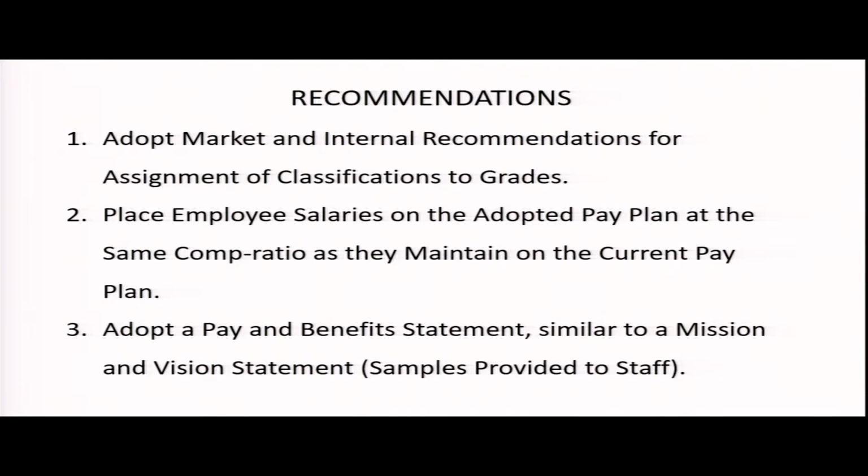If you don't do that, one of the things that begins to happen is, if I don't move to that same comp ratio, instead of putting me at 25% above the minimum of grade 13, you say, okay, let's cap everybody at 10%.